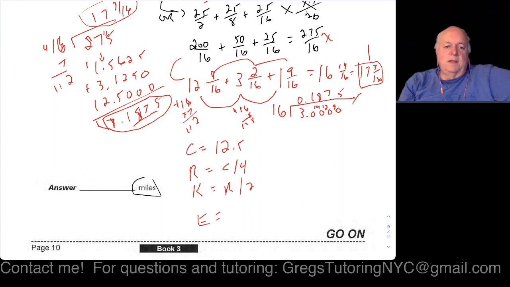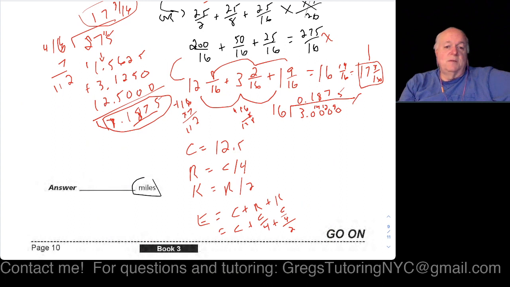So if everything is C plus R plus K, that means it's equal to C plus C over 4 plus K. But if K is C over 4 halved, so what we're going to get is basically C over 4 divided by 2 for the K. So that starts getting super ugly super fast.